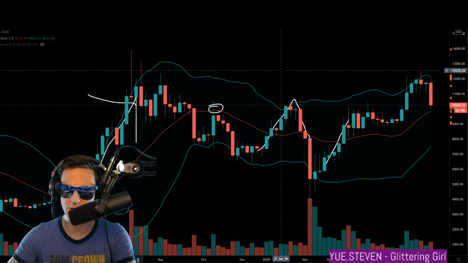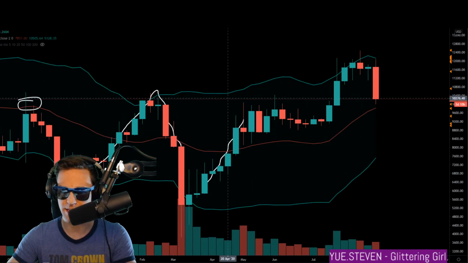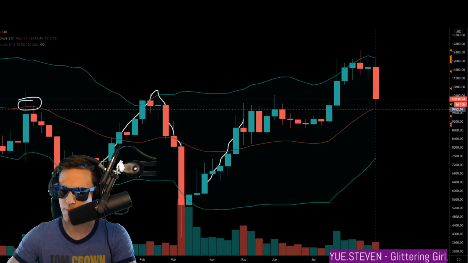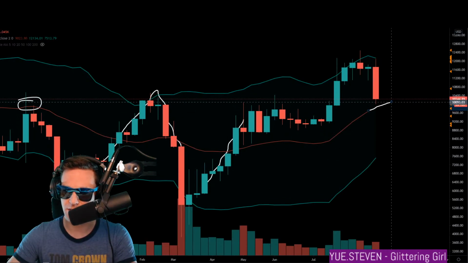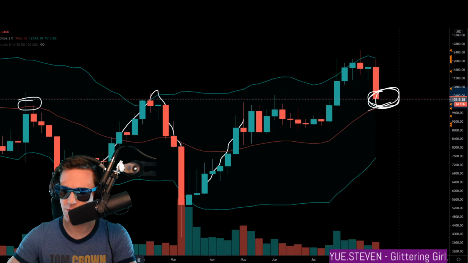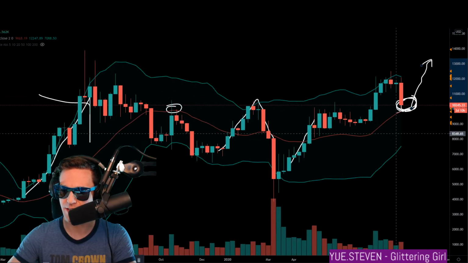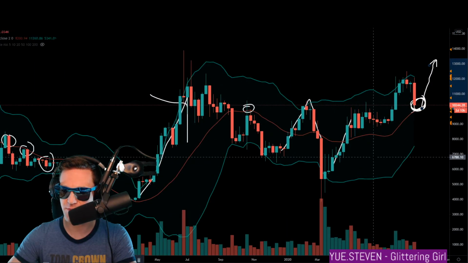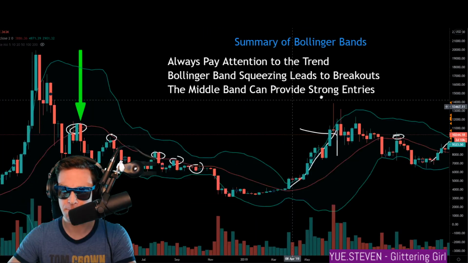So something that I'm looking for in this week, probably in the next week, depending on what happens in the next few days, is we can logically infer that this Bollinger Band is going to move up a little bit. And I'm going to look for a test of that middle band. And if it holds, I expect to see price move up. And that could be pretty confirming that we're in an uptrend.